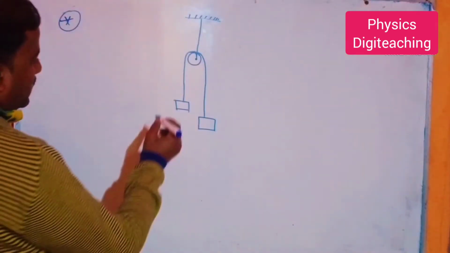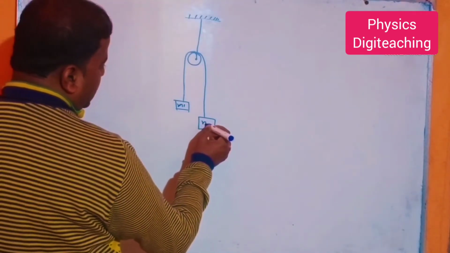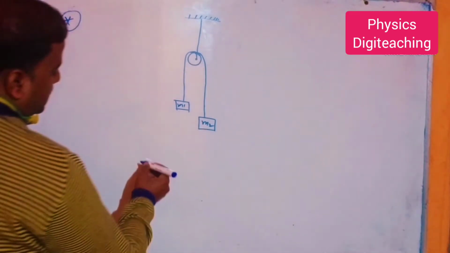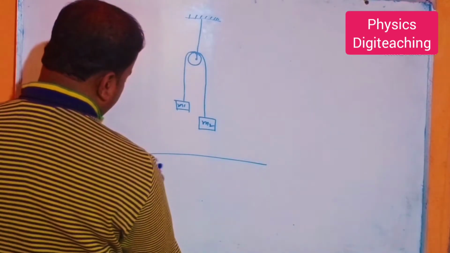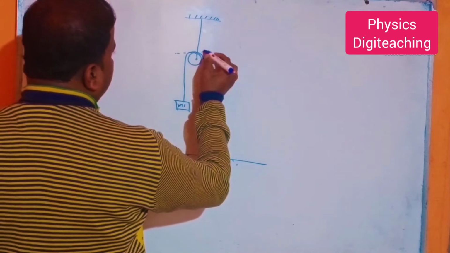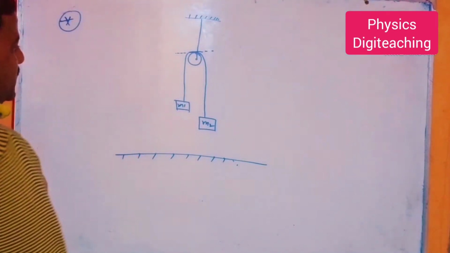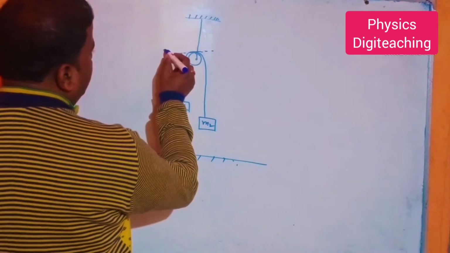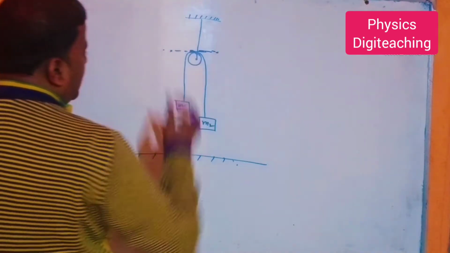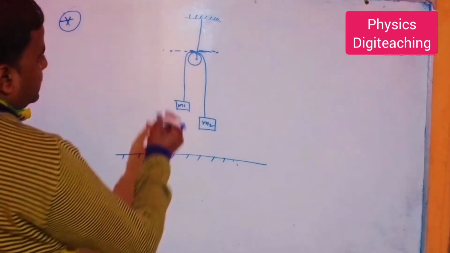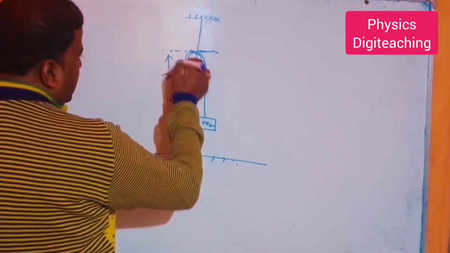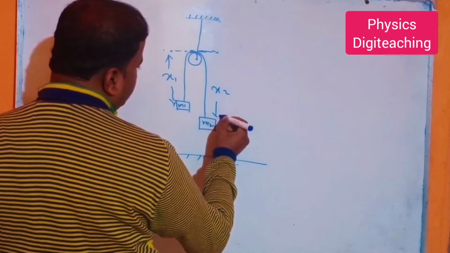Two masses M1 and M2 are connected by a massless rope. Say this is our ground, the earth's surface. Here the pulley is our reference point or reference line. With respect to this reference line, say this is x1 and this is x2.